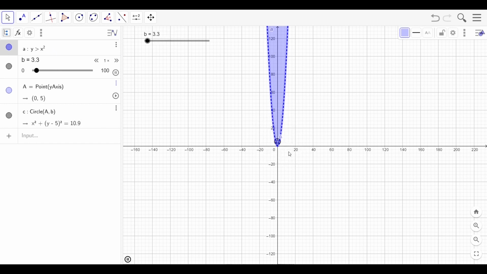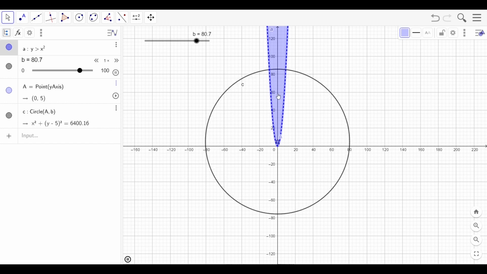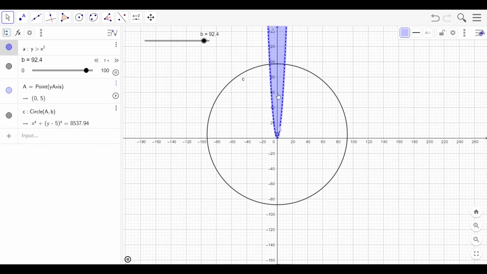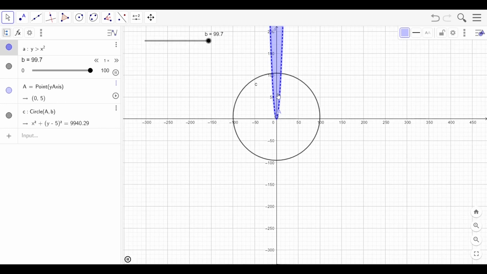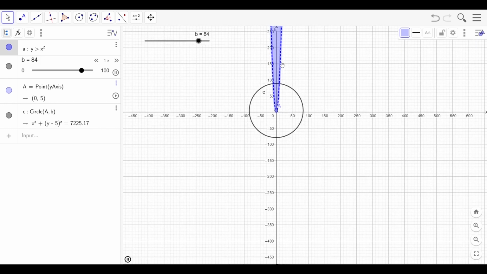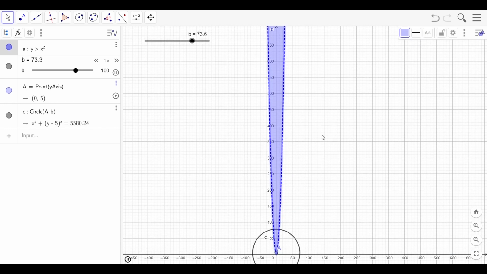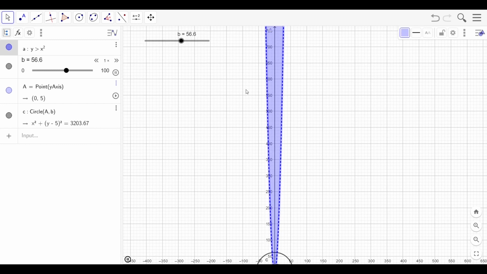You need not take the center to be this point. You can take any point as the center. From here itself, you can see that the region is unbounded.